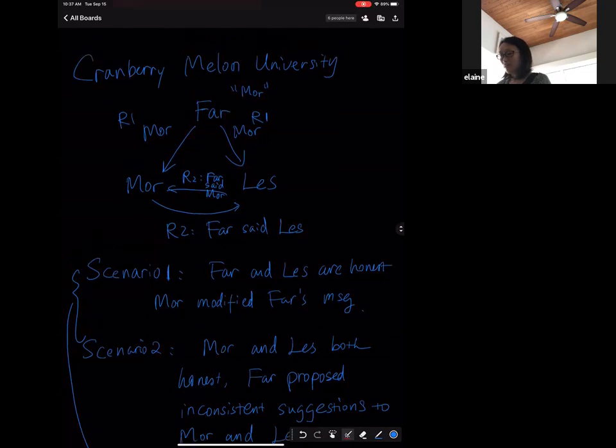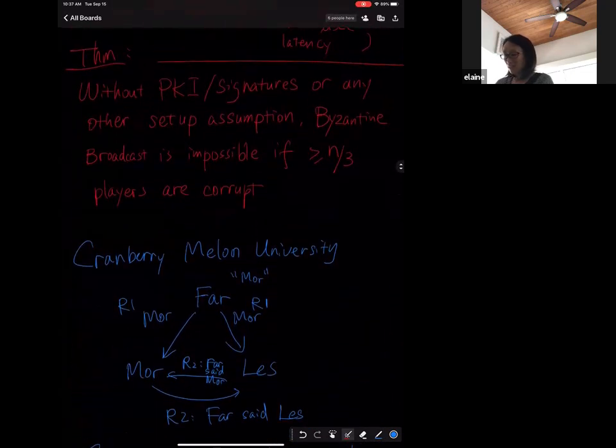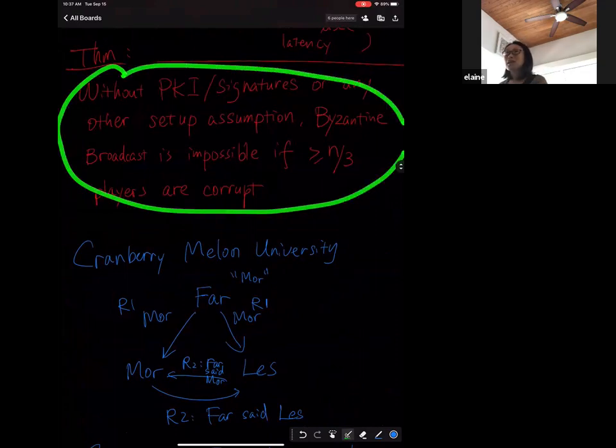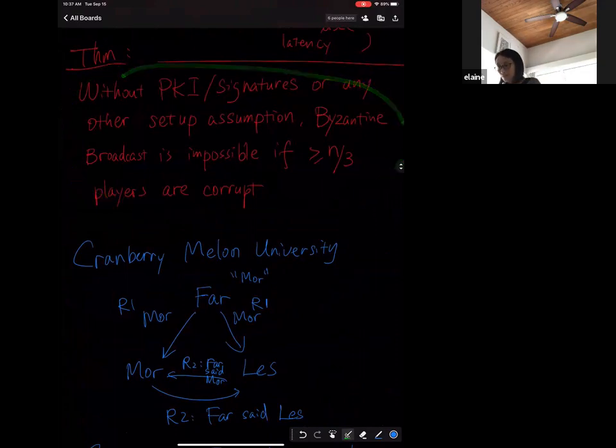Our theorem statement is actually ruling out any protocol that tries to achieve Byzantine broadcast against 1/3 or more corrupt players. It's essentially impossible.